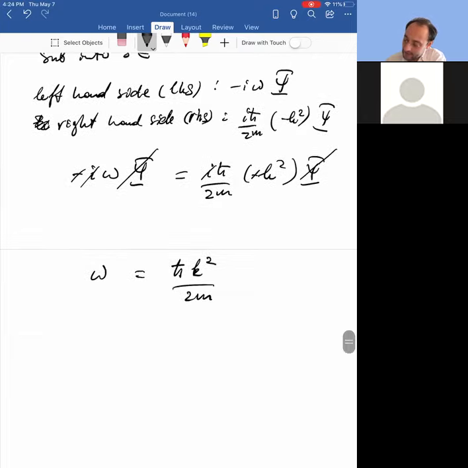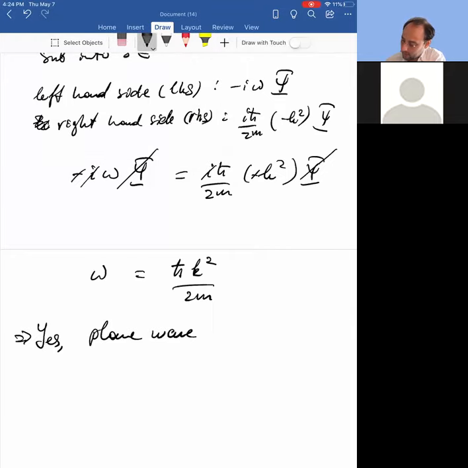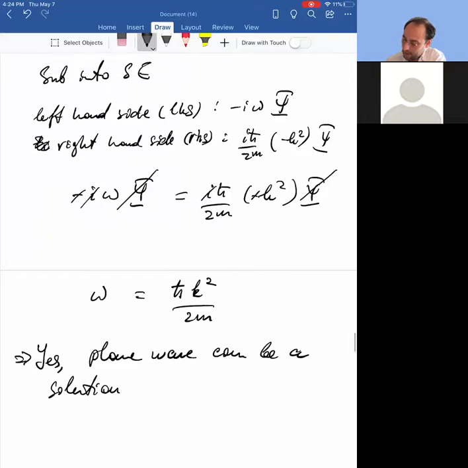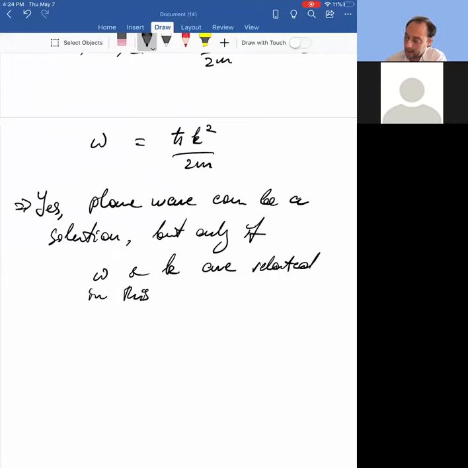So this says, yes, a plane wave can be a solution, but only if omega and k are related in this way.